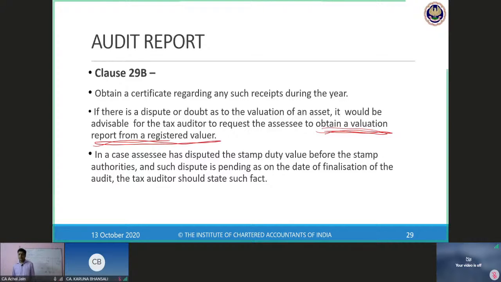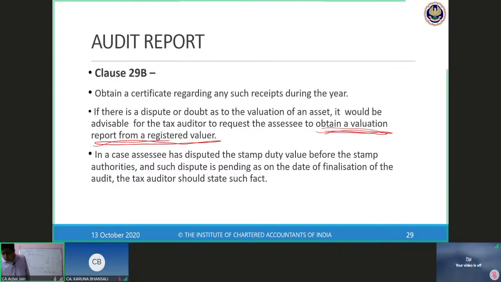In case the assessee has disputed the stamp duty value before the stamp authorities, and such dispute is pending as on the date of finalization of audit, then the tax auditor should ensure that such fact has been mentioned in the Form 3CD.